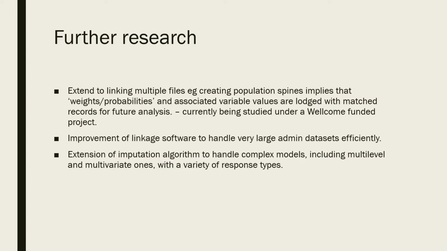It is to extend it not just to linking of two files, but to multiple files, if you like, creating population spines where you've got individuals that you're all the time wanting to link or update with new data sets, and calculate these weights that are attached through each time you do that. So you're carrying all these weights that you estimated from the previous linkage stage right through and storing them all the time so you can later use them for analysis.